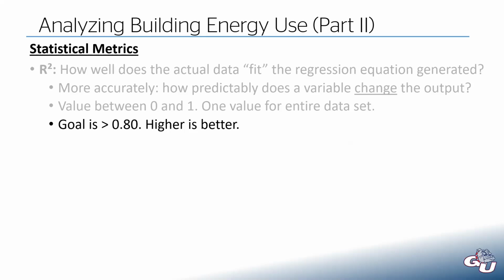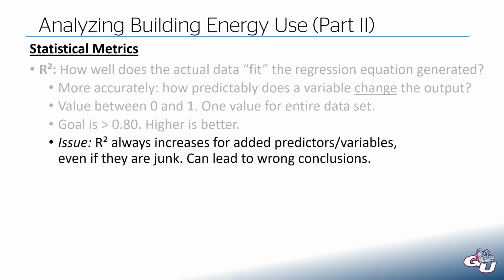The issue, though, specific to a multivariable regression, is that the regular R square value is always going to increase anytime we add predictors and variables, even if they are just absolute crap. I don't know why this is. Again, you'd have to get the statisticians on the phone to ask them.